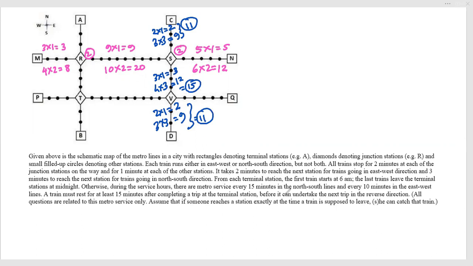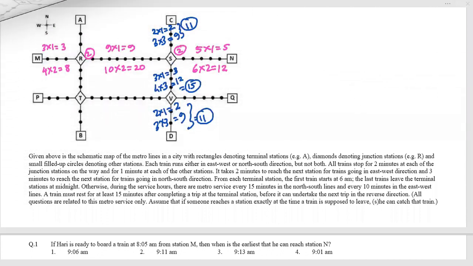Now we will go for answering questions. Now we will answer the first question. Hari is ready to board a train at 8:05 from station M. So here Hari has reached at 8:05.